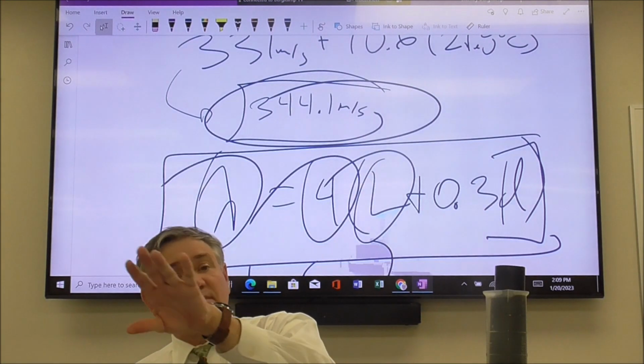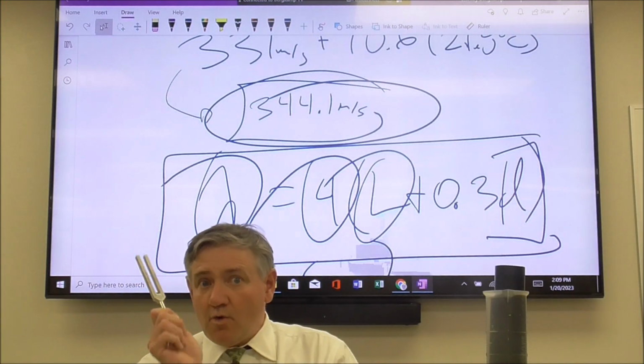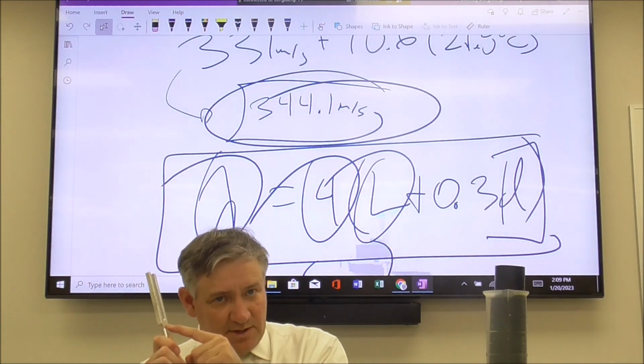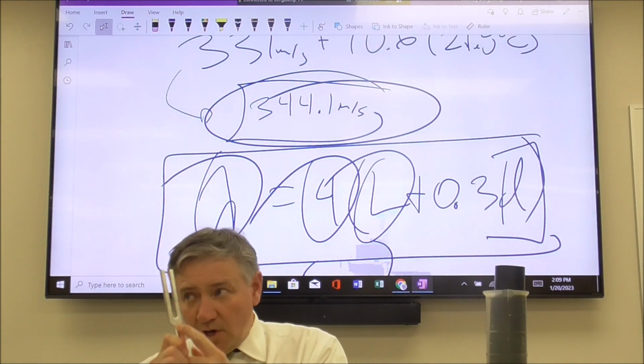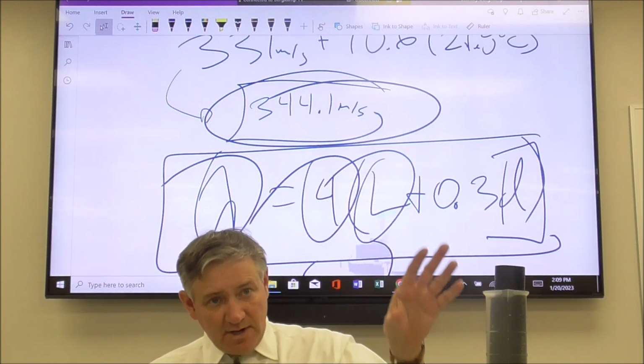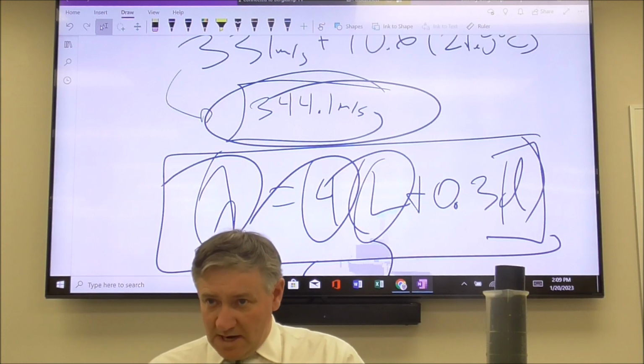It's just wavelength times frequency equals speed. You're going to know the frequency, because it's stamped on here. That's going to be that 523.2. So you're going to know the frequency, calculate a theoretical wavelength, and then compare that to what you got.